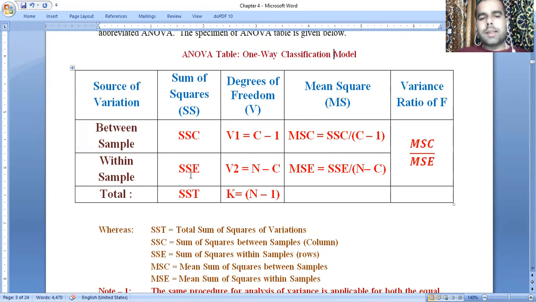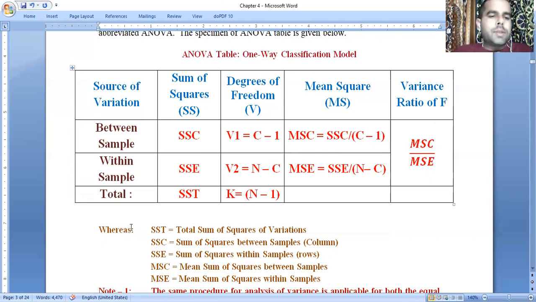After getting the SSE value, V2 is equal to N minus C. Then the same procedure you applied in between samples, SSC divided by C minus 1, the same formula and application you need to apply here also, that is SSE divided by N minus C. Finally you will get the MSE value. After getting the MSC and MSE values, go for the variance ratio of F, that is MSC divided by MSE.